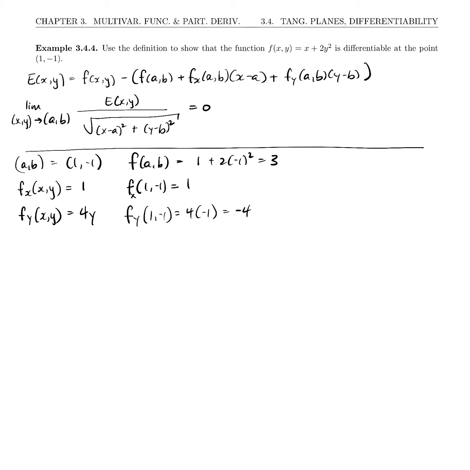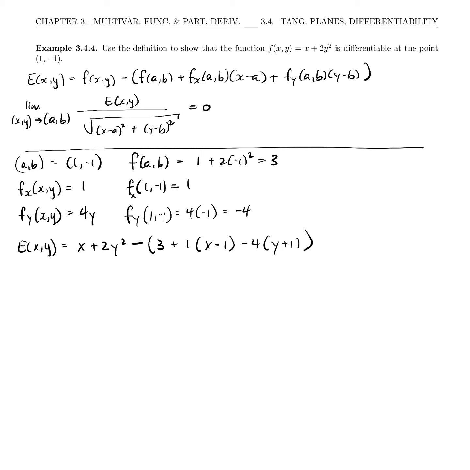We can build our error function now. So e of x y is f of x y, which is x plus 2y squared, minus all of this. So minus f of a b, that's 3, plus f sub x, which is 1, times x minus 1, plus f sub y, so minus 4 times y minus minus 1, y plus 1.